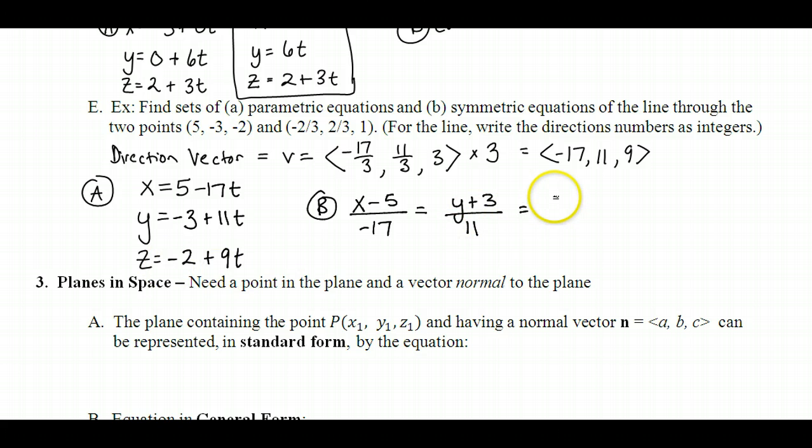And this will equal z minus 2 divided by 9. So pretty easy to write the equation of a line in space. Again, it's going to be parametric, it's in space, so you have your x, y, and z. And then if it's symmetric, you have to have a t in each one, and then it's just solving for t.